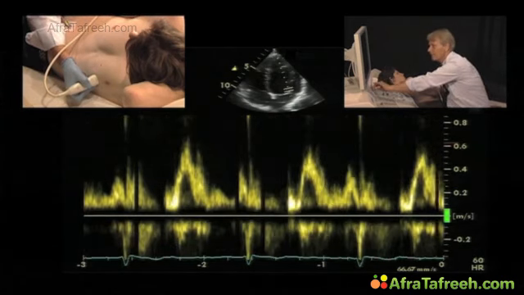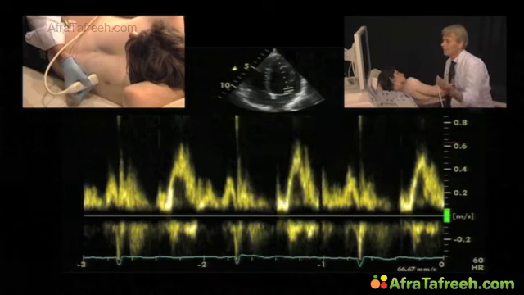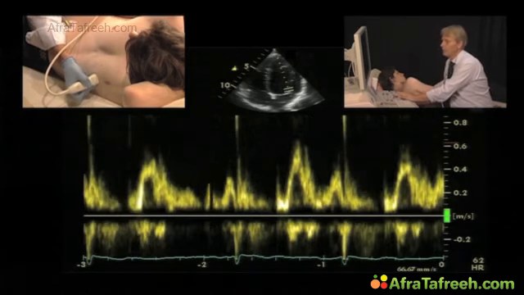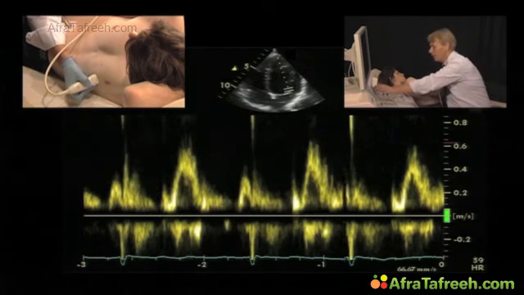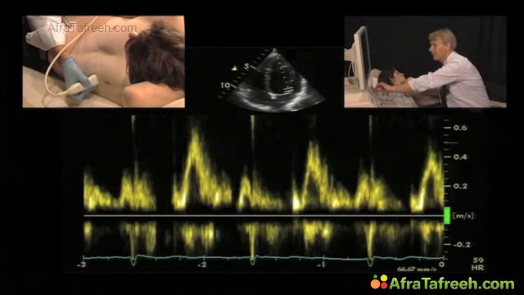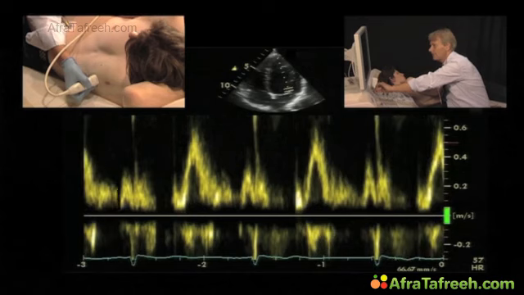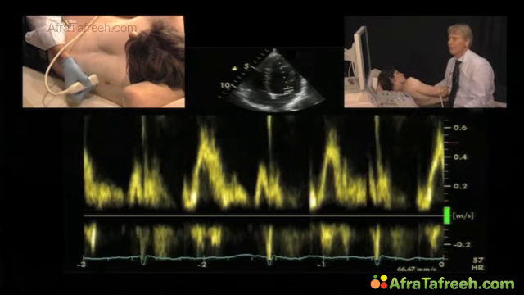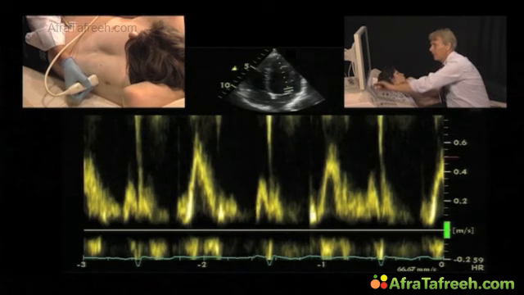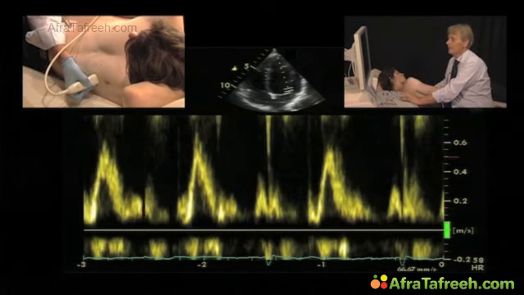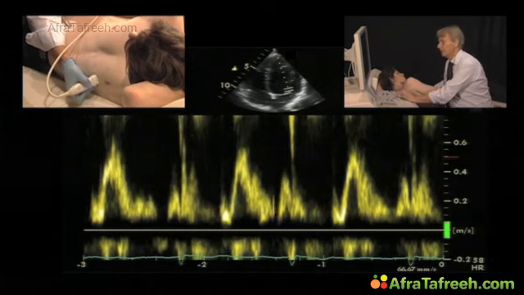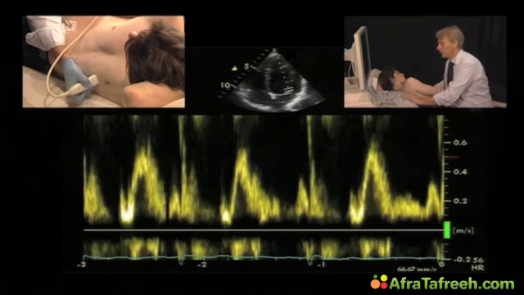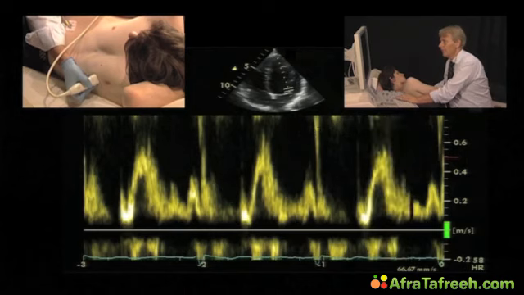I would always want to see at least some information below the zero line, the baseline, and also optimize the velocity so that you get the entire spectrum, but nevertheless that you do not have unimportant information on the spectrum.